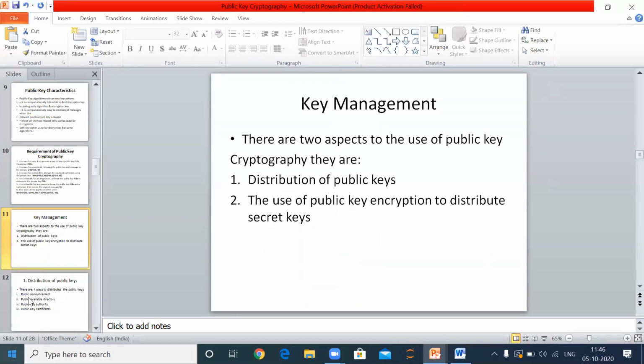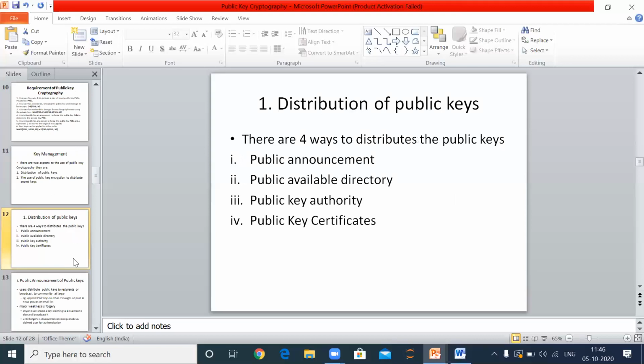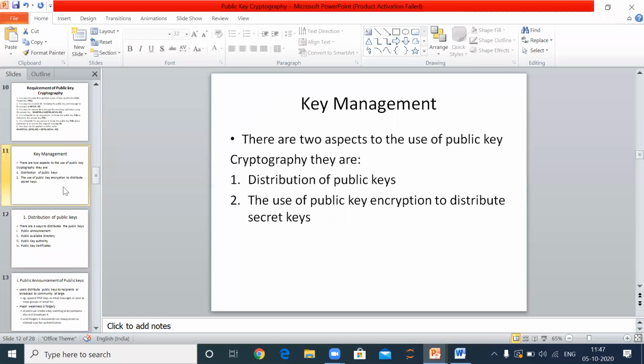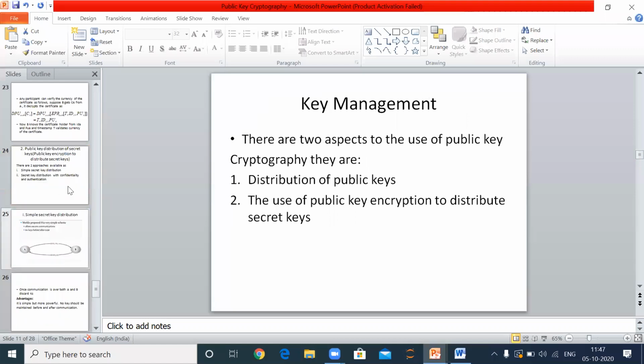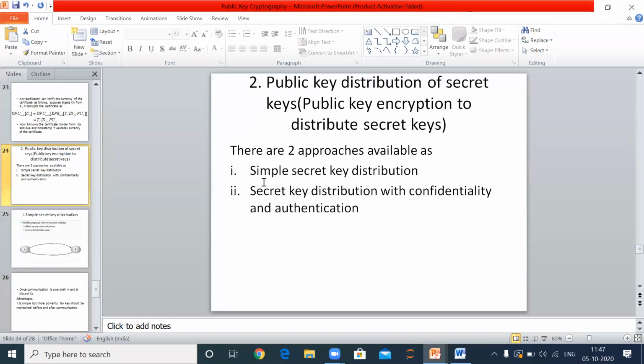Distribution of public keys can be done in four ways: public announcement, publicly available directory, public key authority, and public key certificates. The public key encryption to distribute the secret keys can be done in two ways: simple secret key distribution, and secret key distribution with confidentiality and authentication.